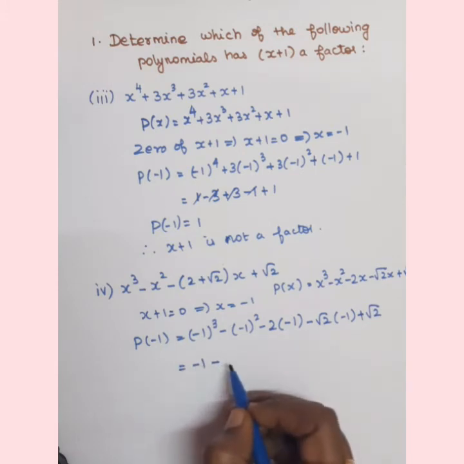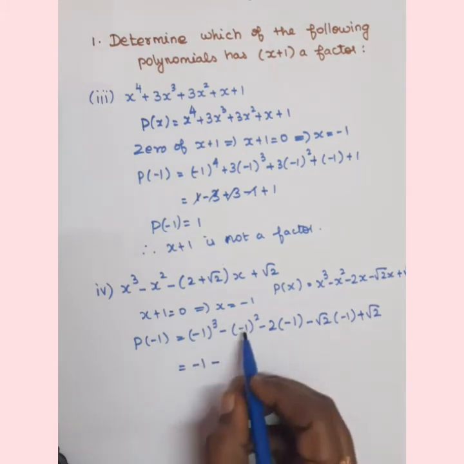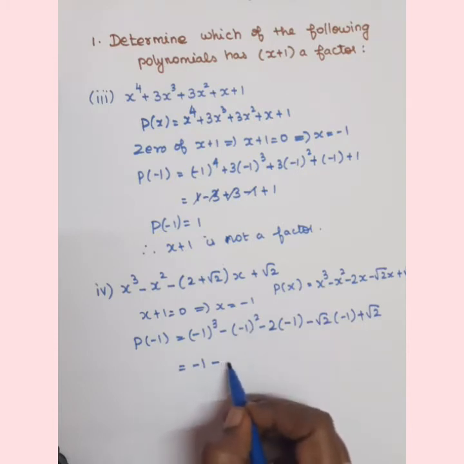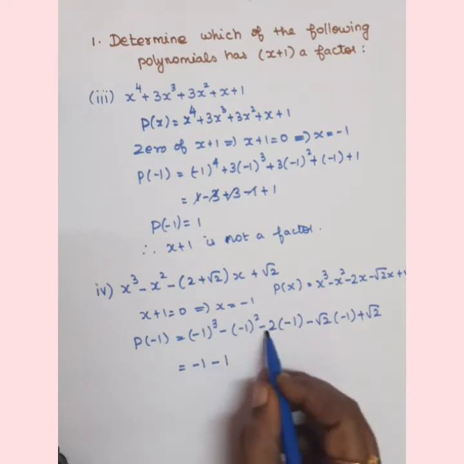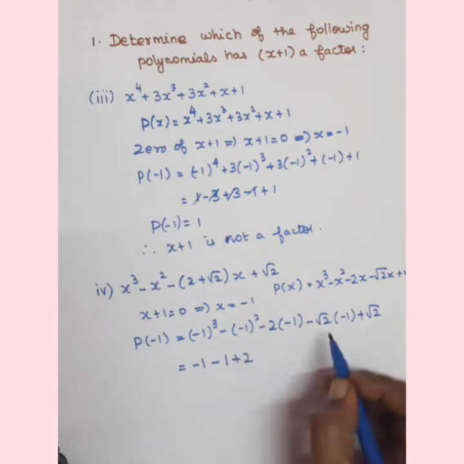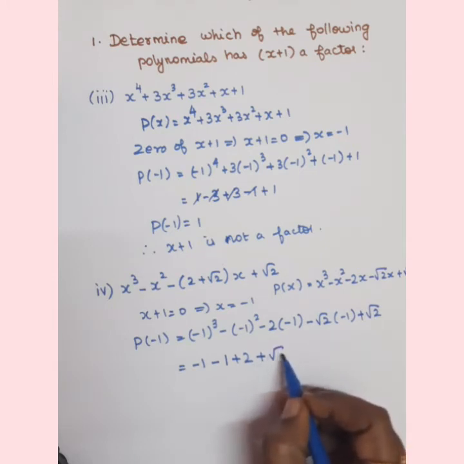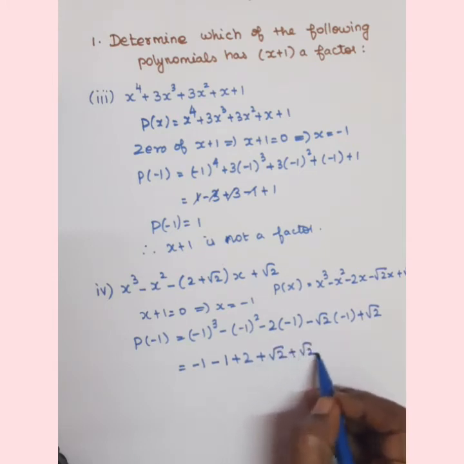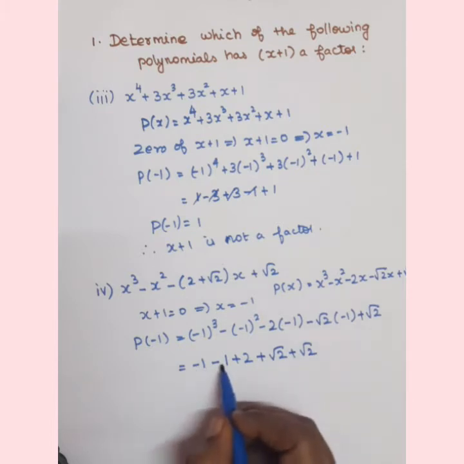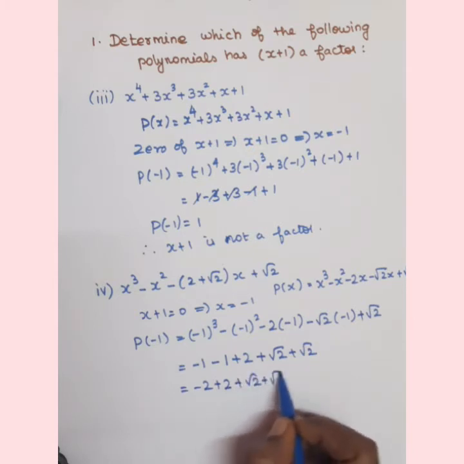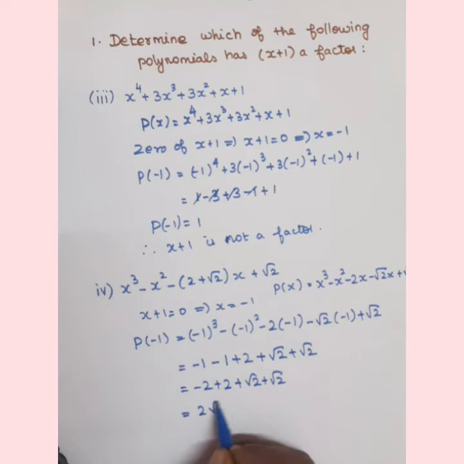Minus 1 minus, here minus 1 the whole squared is 1, minus 2 into minus 1 is plus 2, minus root 2 into minus 1, that is plus root 2 plus root 2. So minus 1 is minus 2 plus 2 plus root 2 plus root 2. You will get 2 root 2 as the answer, which is not equal to 0. Therefore, x plus 1 is not a factor.